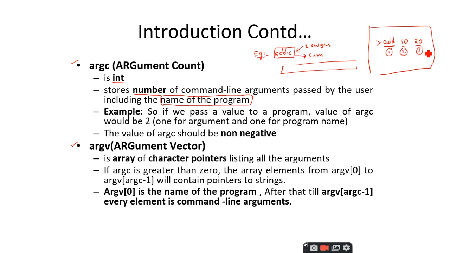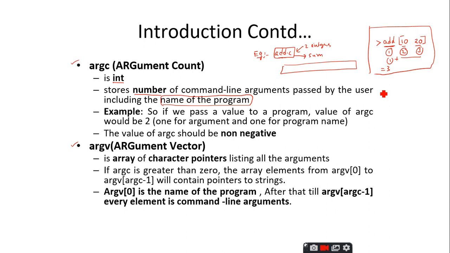So, all the parameters will be counted. We actually require only these 2 values, 10 and 20, but in the command prompt we need to give the first argument as the name of the program. Therefore, this is also counted as one argument. Totally we have 2 plus 1, that is 3 arguments.